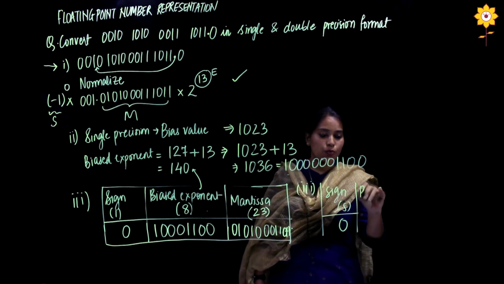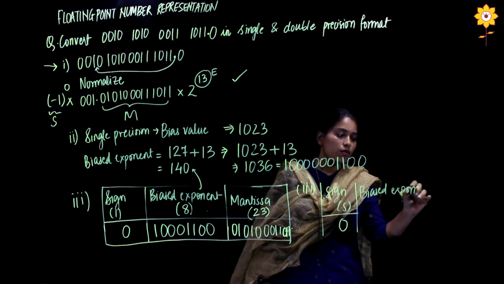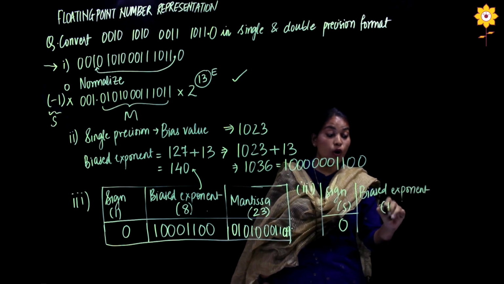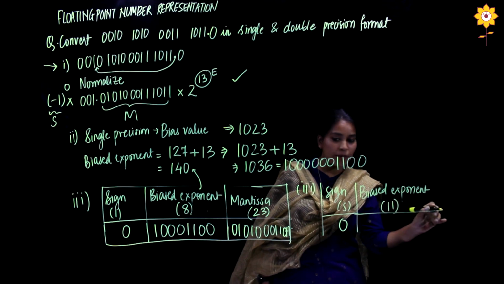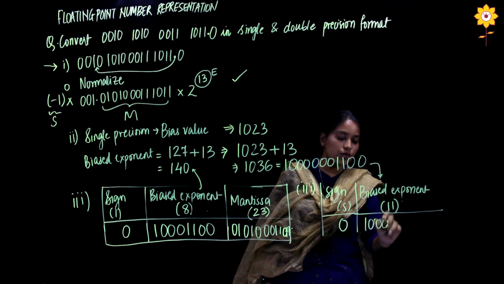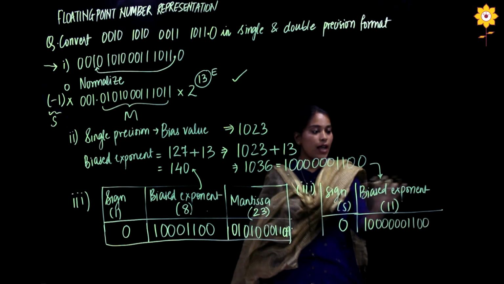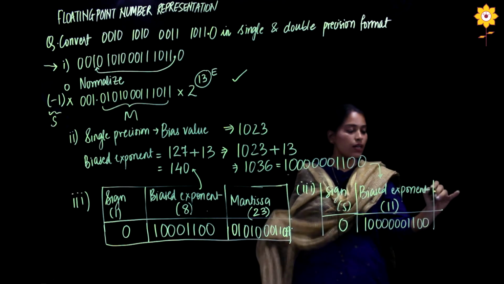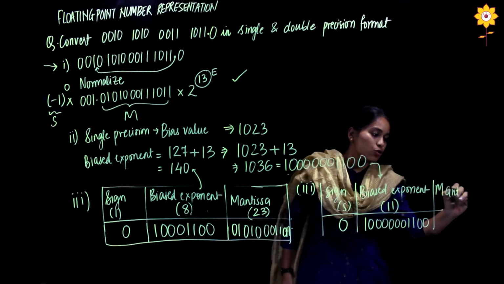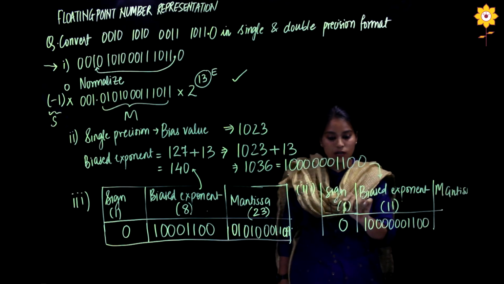Then the biased exponent, right, which is a total of 11 bits for 64-bit format, right? So basically you write it over here. So this is 10000001100, right? And then finally what you write? You write the mantissa. So the mantissa over here is of, this is 1, right?